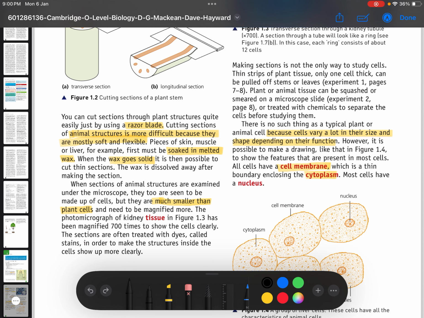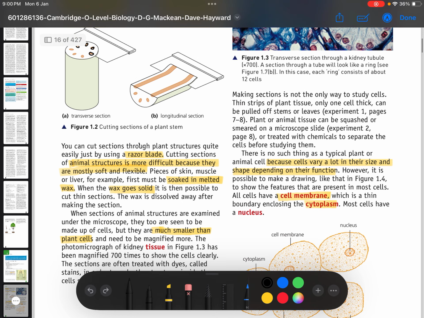So to make that process easier and to keep the contents firm in their place, we solidify it using melted wax, and then we use a razor blade to cut it. As they said here, animal structures are more difficult to cut because they are soft and flexible, like skin and muscle. That's why they must be soaked in melted wax.